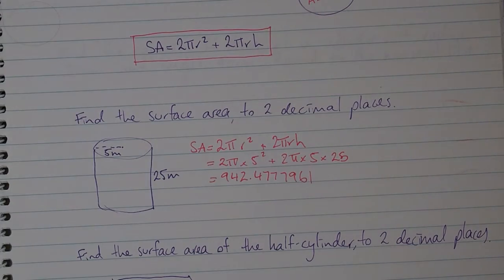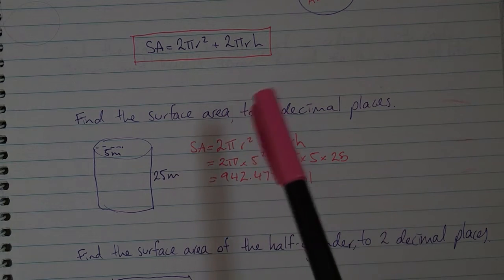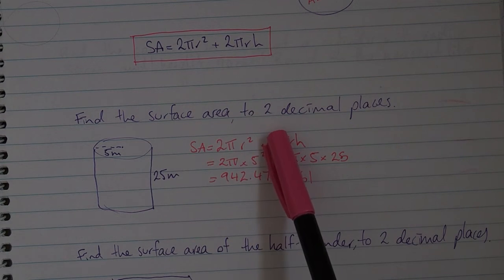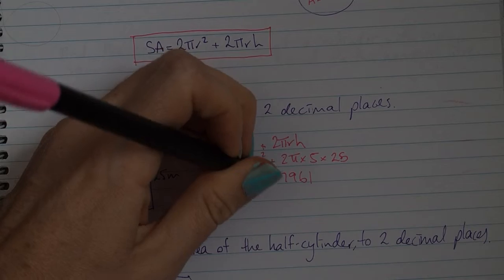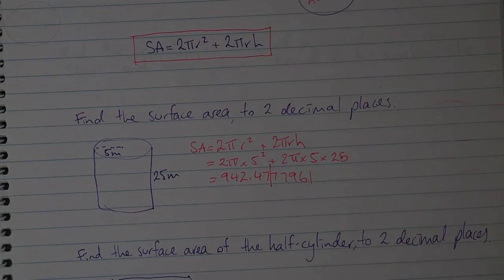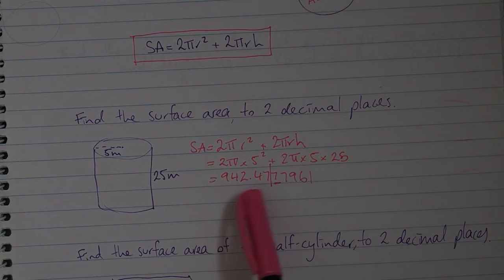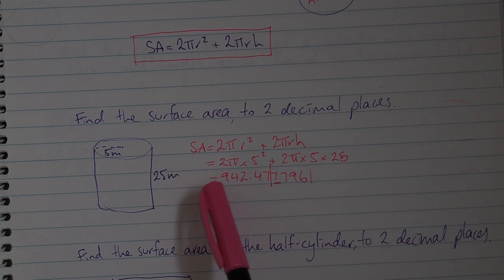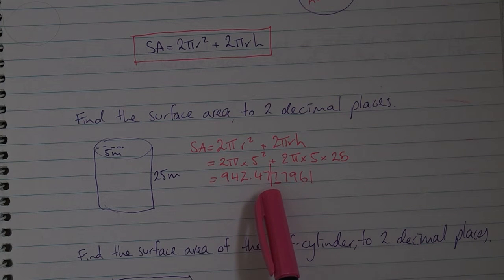All right, so that gives us 942.47777961. I'm just writing it all out because I do want to give you a reminder about rounding. We've been asked to round to 2 decimal places. So that means I want to cut it off after the second number after the decimal point. And I need to decide whether this number is closer to 942.47 or 942.48.